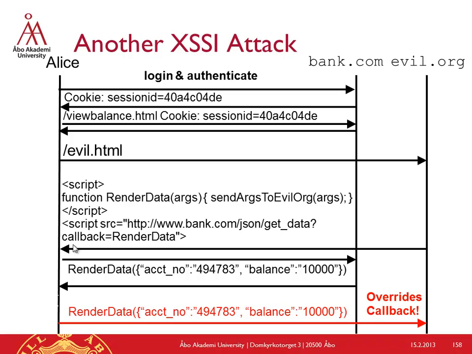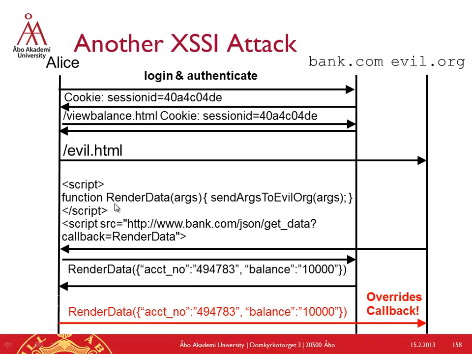The attacker may go in a similar way. The user is authenticated with the bank. If the user simultaneously opened the evil form from an evil website, this form may also require a query for Ajax to our good website bank.com, but the script will be a bit changed.